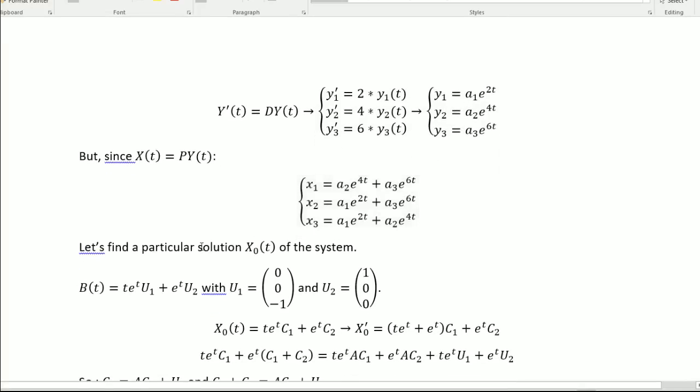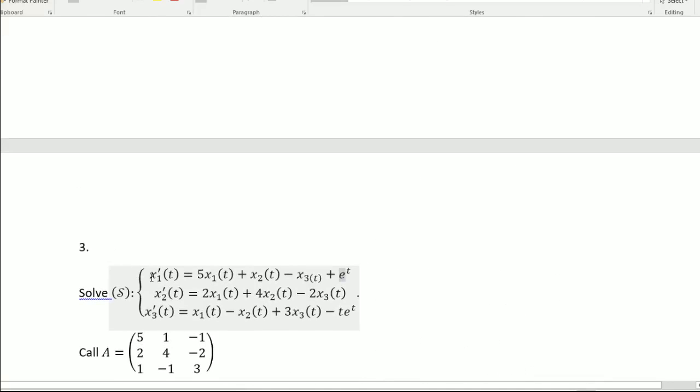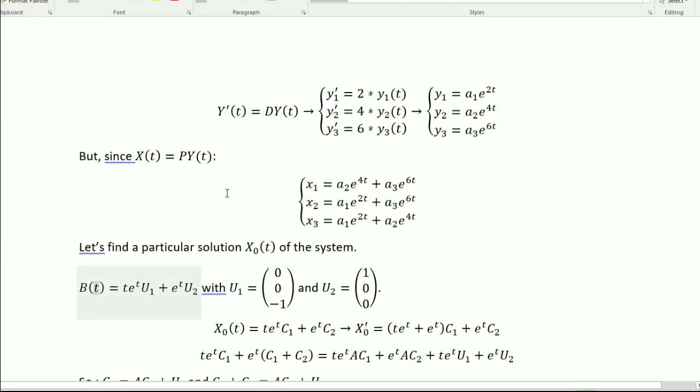So now we find the particular solution of our system. So I will call U1 and U2 some vectors, so that B of t is equal to the system.